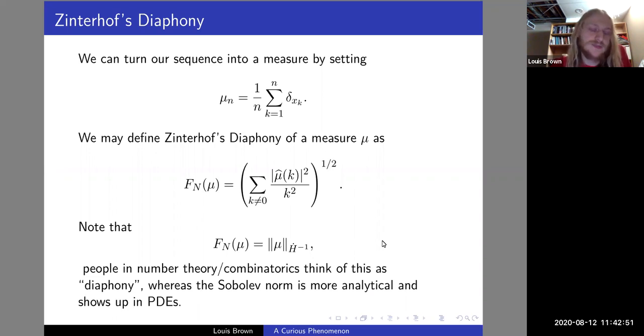And this is really just because these terms are coming from different backgrounds. So if you're in number theory or combinatorics, you would think of this as diaphony, whereas if you're coming from an analytical or PDE background, you would say that's the Sobolev norm. But they're the same thing. And if you don't know what the Sobolev norm is, I'm not going to use anything fancy about Sobolev spaces in this talk, so you don't need to worry about that. We just need to know this one definition of what the norm is, which is this.